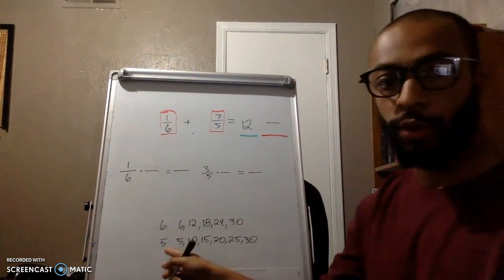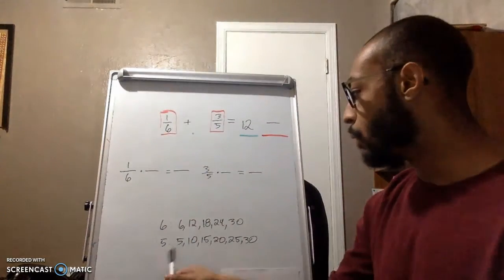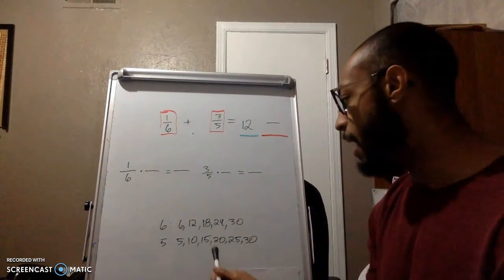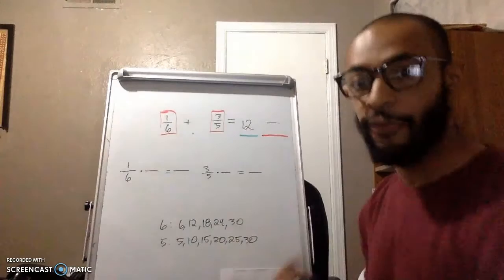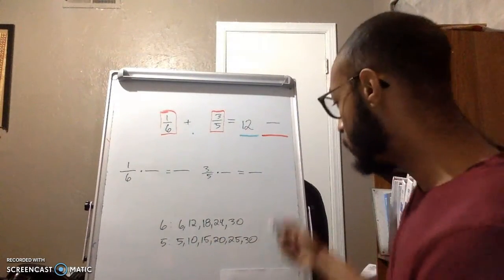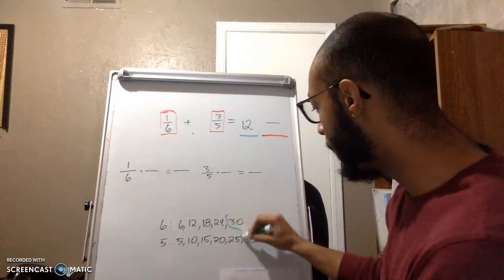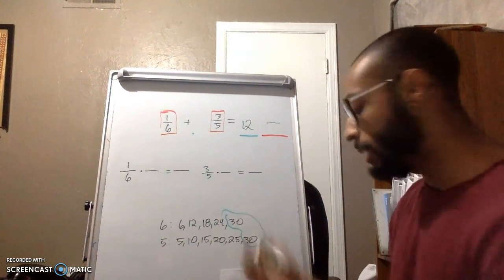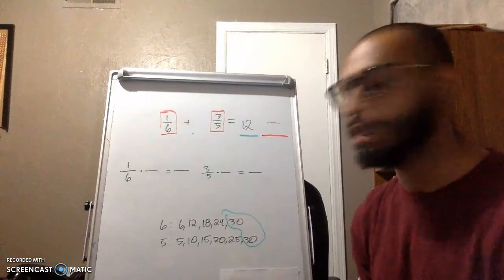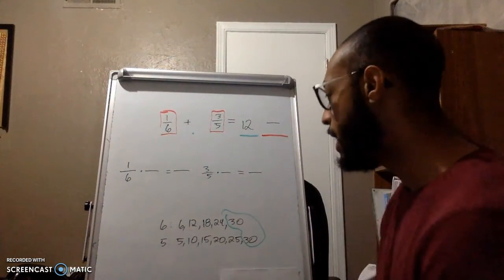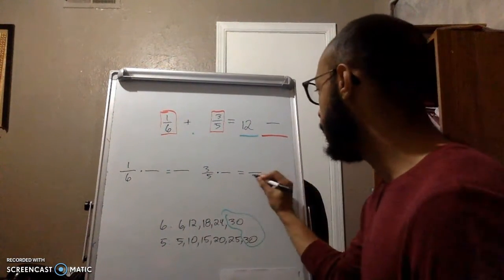So I wrote out our multiples of 6 and 5, and I come in here and find something that correlates with both 5 and 6. You could do this mental arithmetic where you just know it or draw this out, but it's going to be 30.